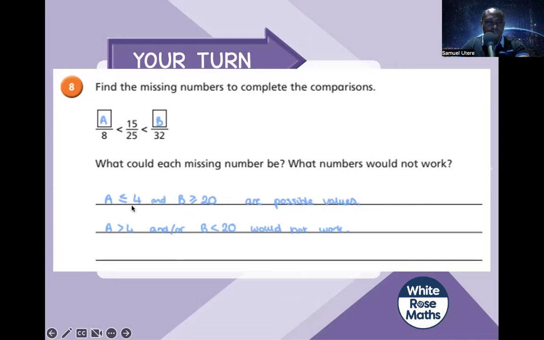Could be less than or equal to 4, and it could be greater than or equal to 20, all right? For this comparison to be okay. And they are all possible values. So there are many numbers that it could be. So it could be any numbers within these values. Okay. So you can try the numbers to test it out to see that it's actually correct.